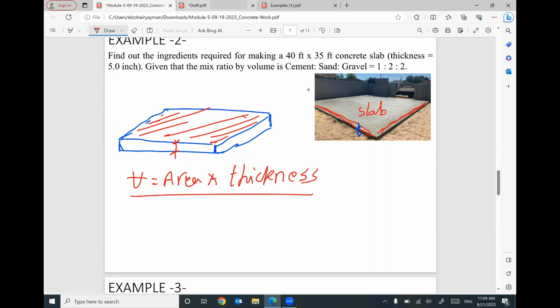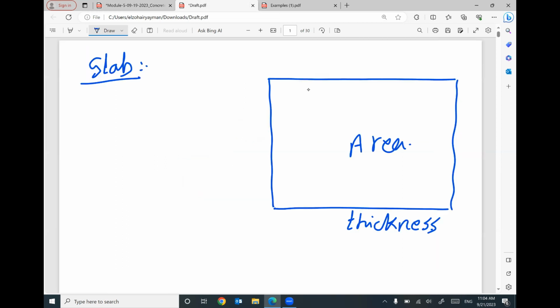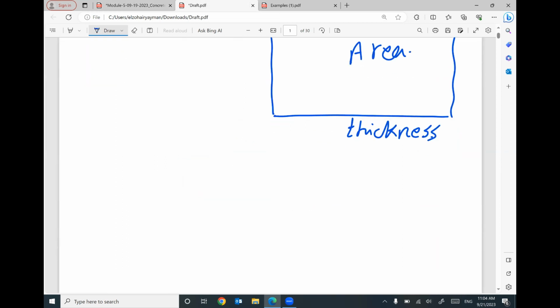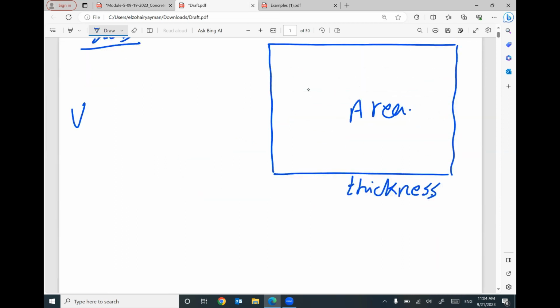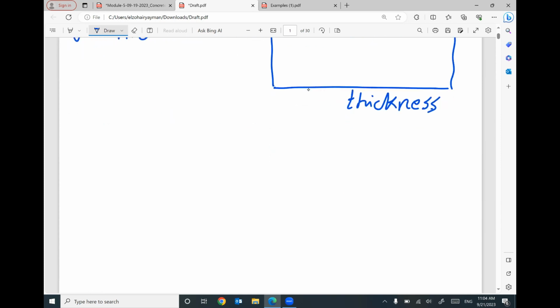Sometimes your slab is connected to beams. So the volume of the slab equals the area of the slab, which you can find from the drawing, times the thickness. Sometimes this slab is connected to beams. In general, your beam looks like this.